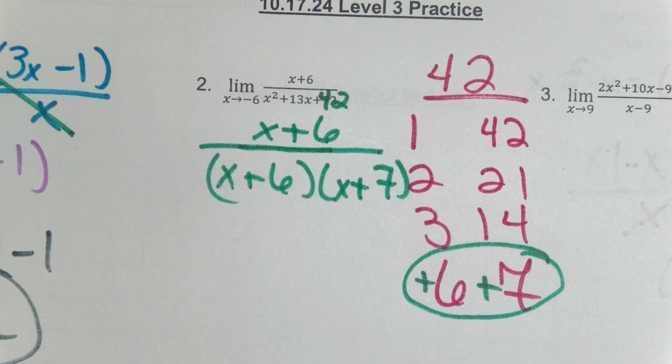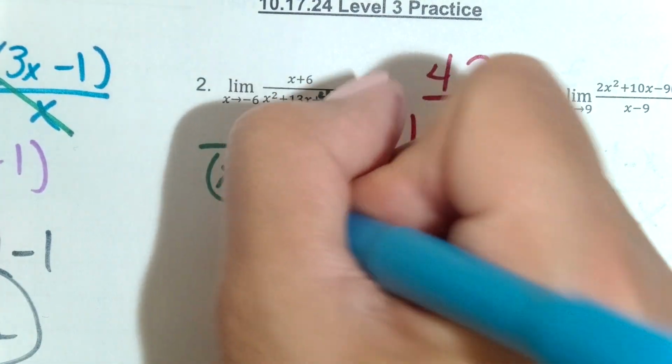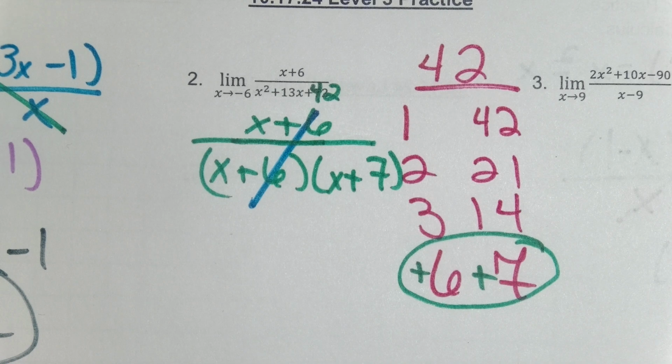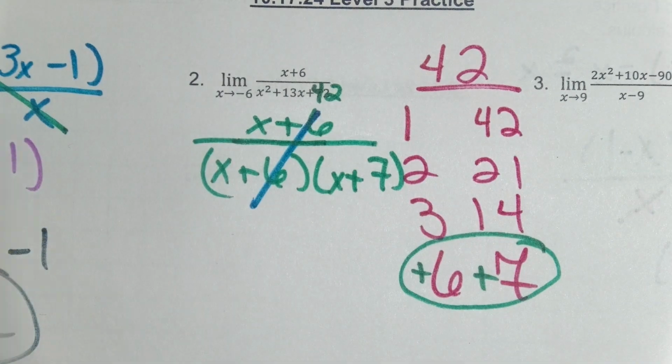What is my next step? What does step 3 say? Cancel. So what are the things that we're canceling? X plus 6. Now what? Rewrite.